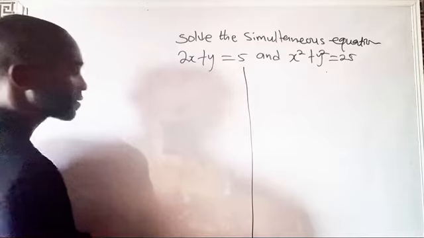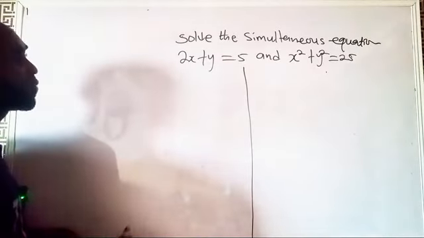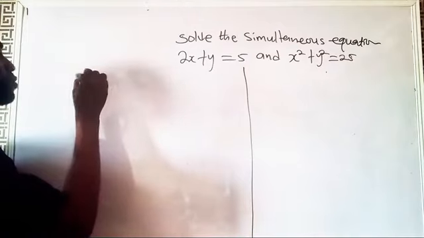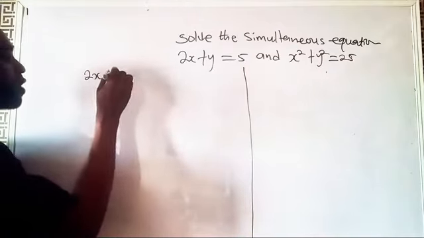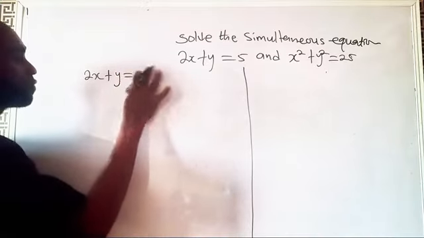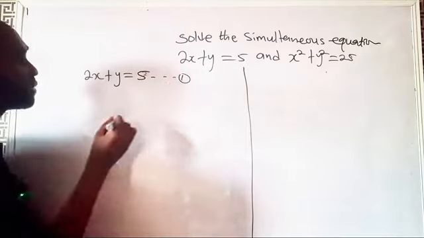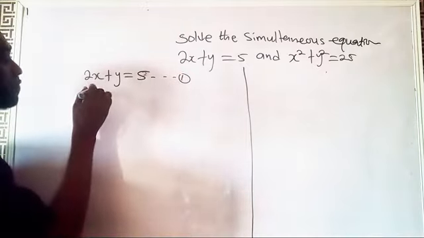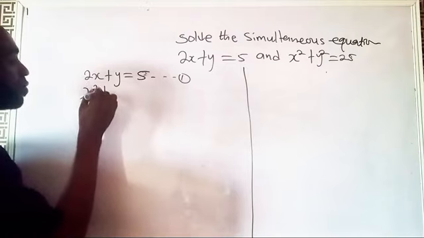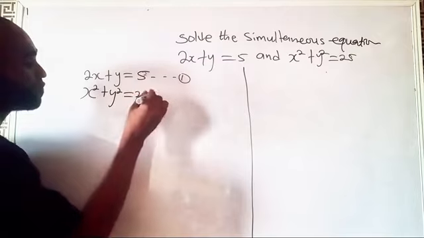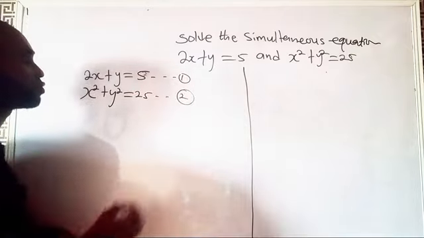So with this, let's say we have 2x plus y is equal to 5, right? This is equation 1. And we have x squared plus y squared is equal to 25. Let's call this equation 2, right?